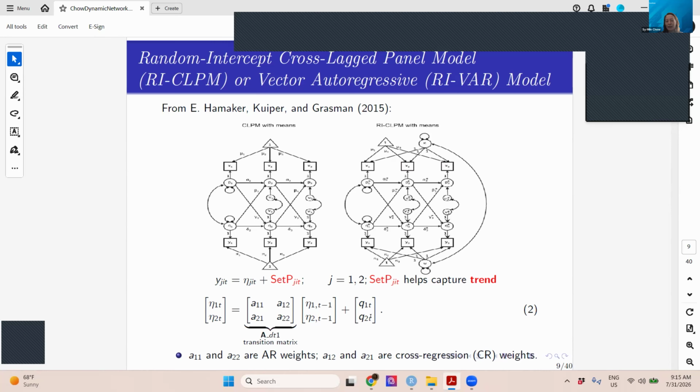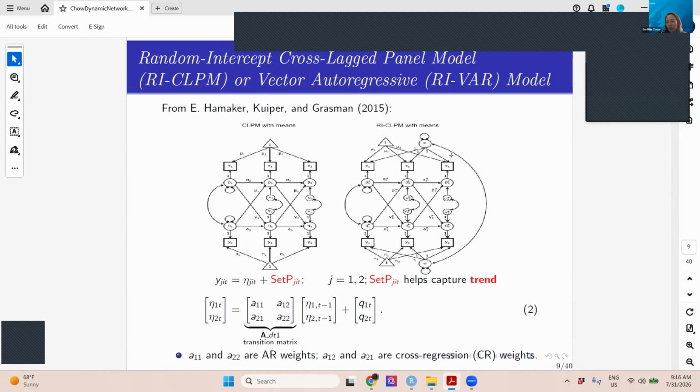Along that line, the RI-CLPM, the random intercept cross-lag panel model, has become very popular. This is the idea that you have random intercepts or set points, and then we model the within-person deviations from those set points using a cross-lag panel model or vector autoregressive process. In the work of Hamaker and colleagues, they allow the set point to be time varying, right?